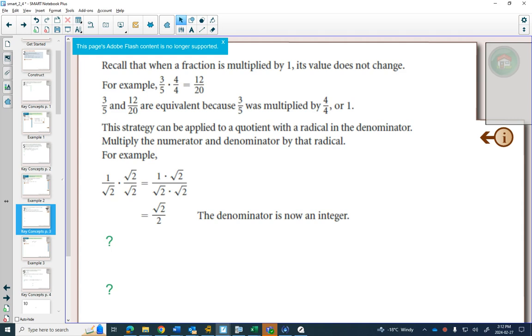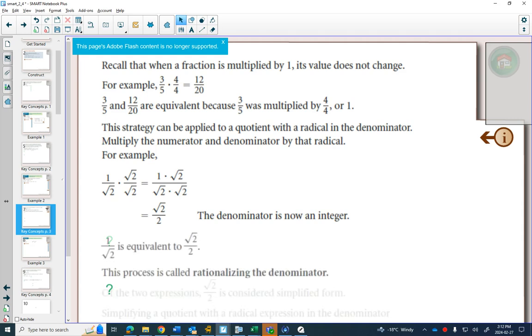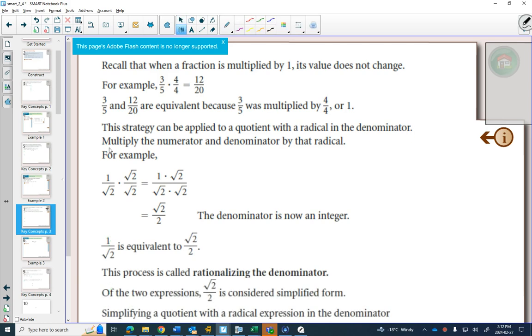All right. So I want you to highlight something. We call this whole process rationalizing the denominator. So I'm eventually going to highlight this word right there without a black circle, so I wanted to use a highlighter.